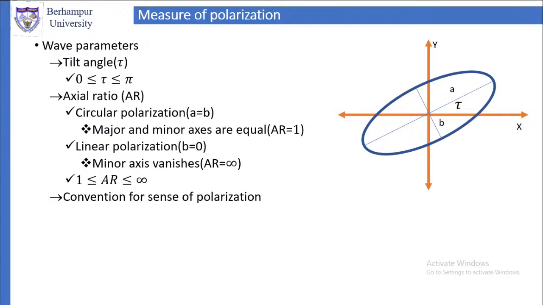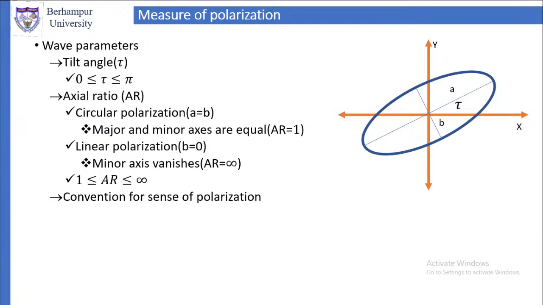And then when we come to this axial ratio, tilt angle has no convention, but for the axial ratio we include a convention. We say that it is from 1 to infinity, but there is a sense of polarization. Either it is left hand polarized or it is right hand polarized. So there is a sense of polarization.